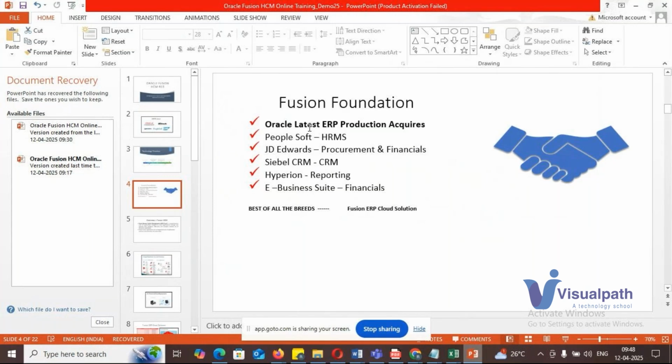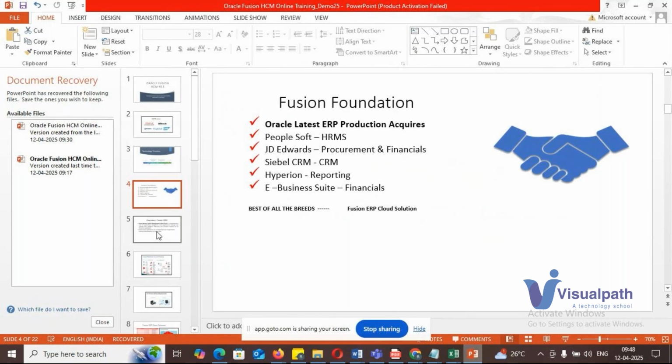But in Oracle Fusion foundations, Fusion has a lot of modules, like Fusion Human Capital Management, Fusion Supply Chain Management, and Fusion Financials for the financial domain as well, right? So there were different ERPs, and this was the foundation for the Fusion application.